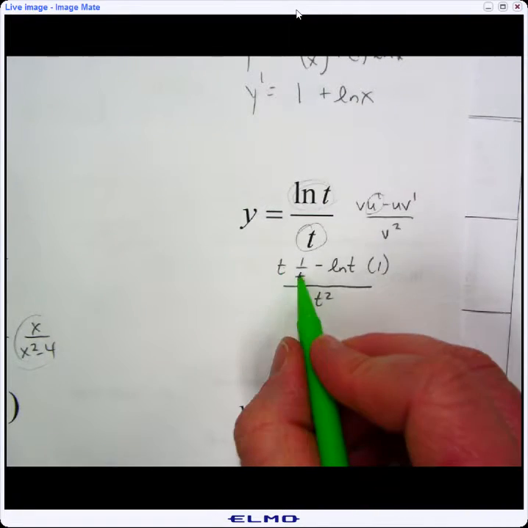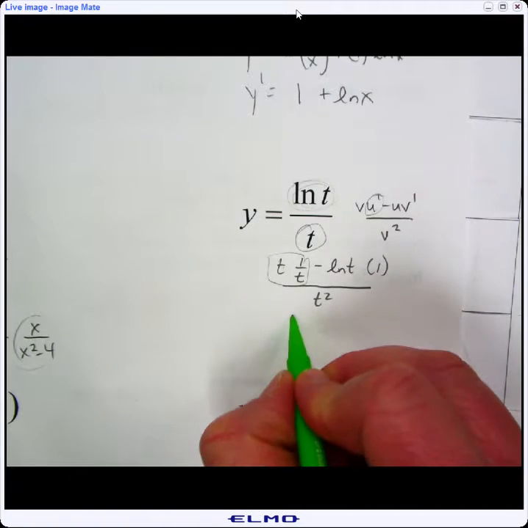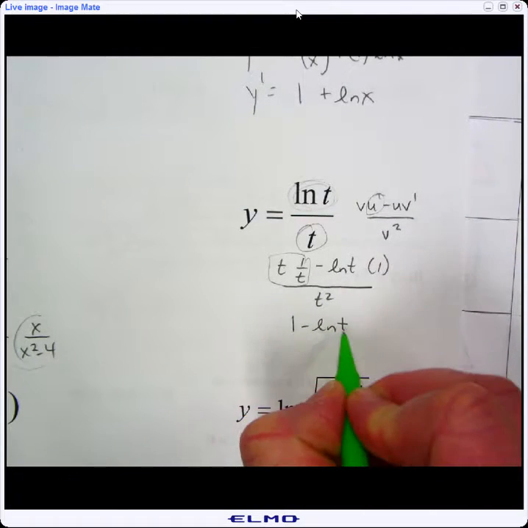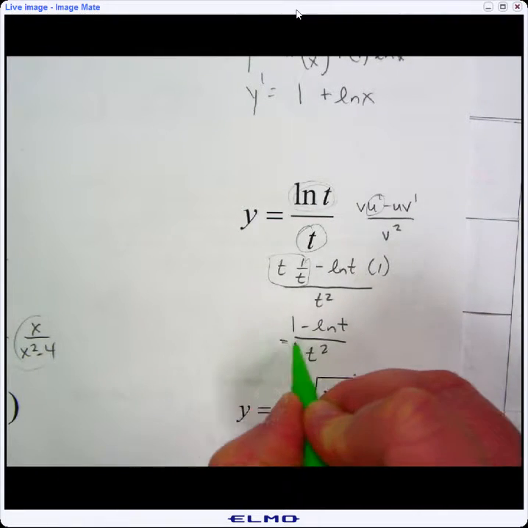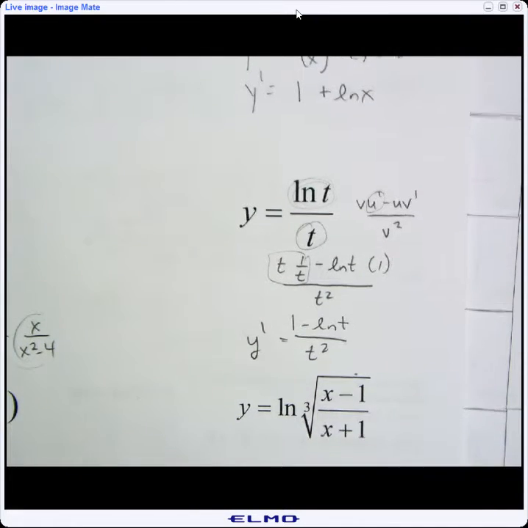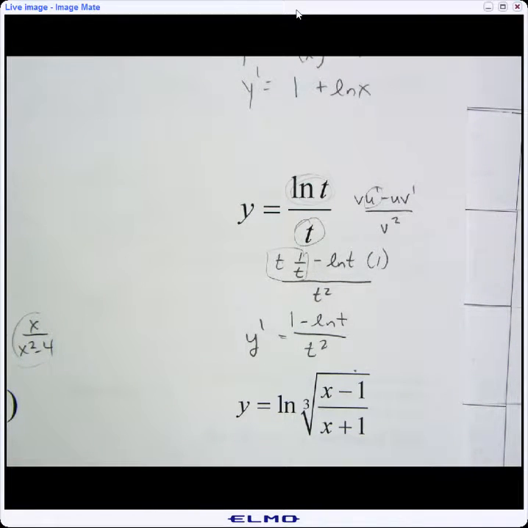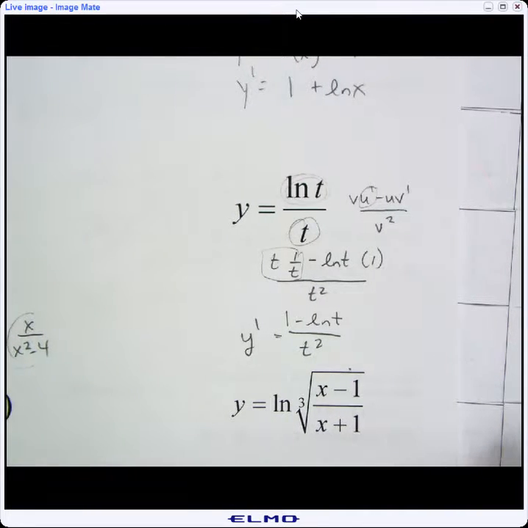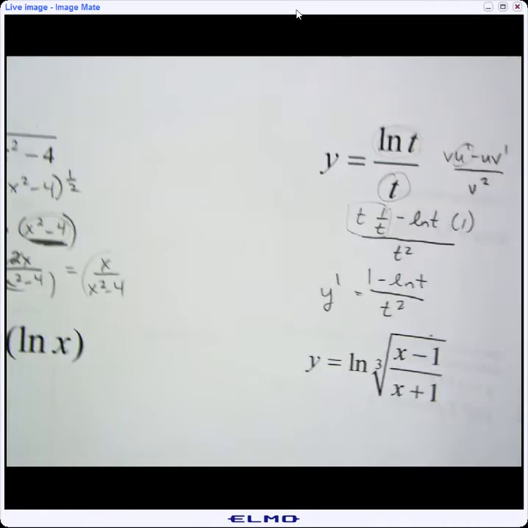So we have, this is 1 minus natural log of t over t squared. These are actually easier formulas than some of the chain rule problems that we've done. They get a little more complex as you go, but that's for the most part the gist of it.